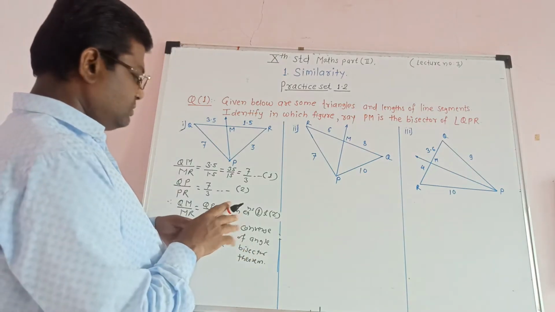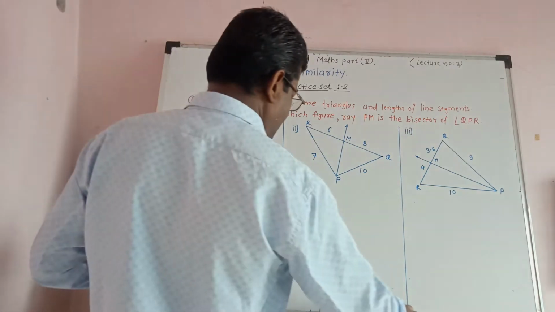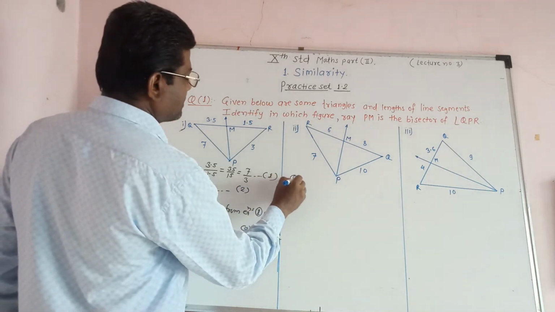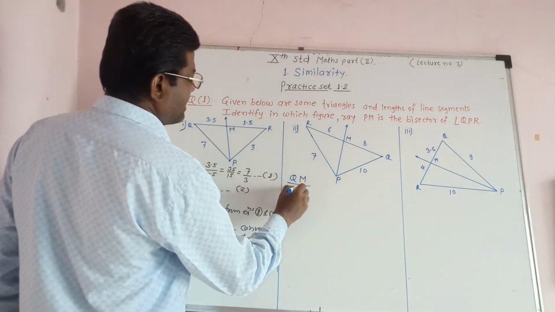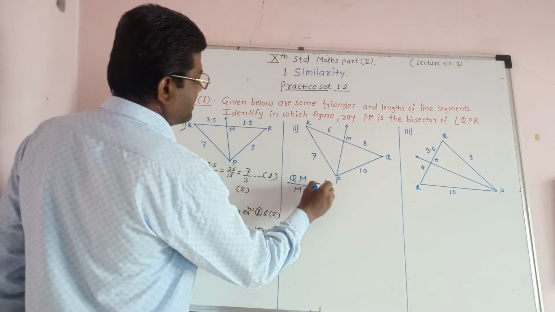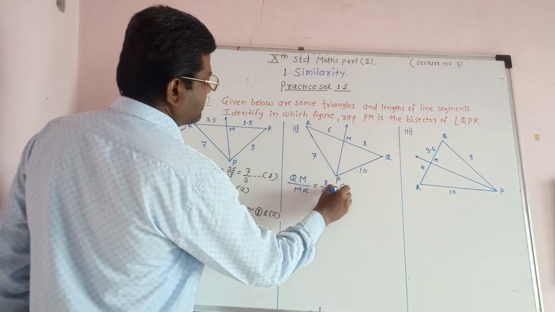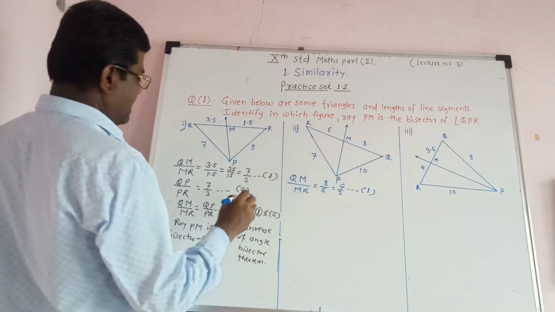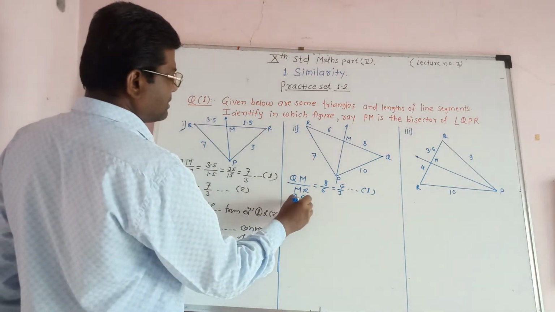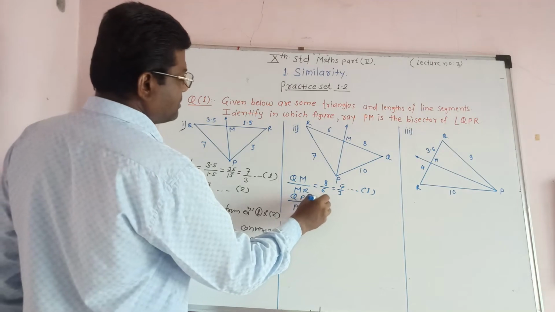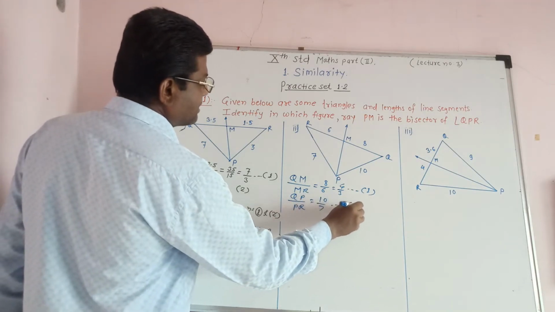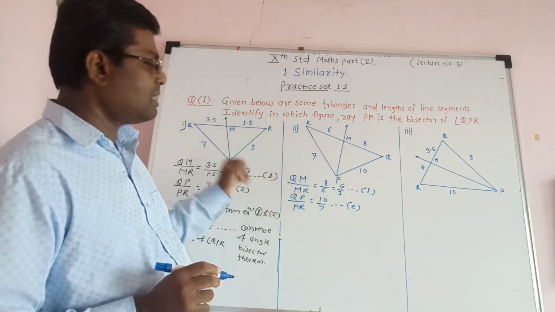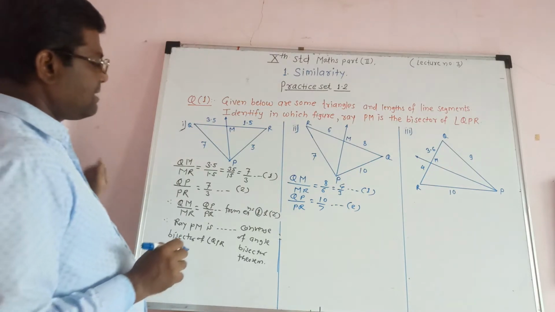Now example number 2. In example number 2, take the ratio QM upon MR is equal to 8 upon 6, is equal to 4 upon 3. This is equation number 1. And take the ratio QP upon PR, which is equal to 10 upon 7. From equations 1 and 2, it is clear that QM upon MR is not equal to QP upon PR.